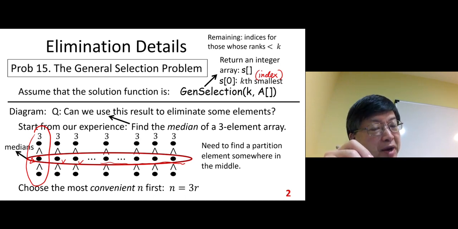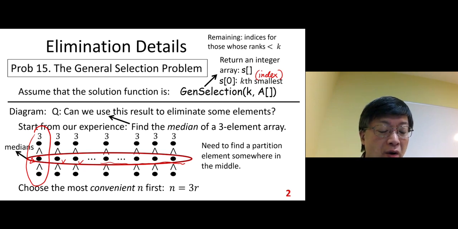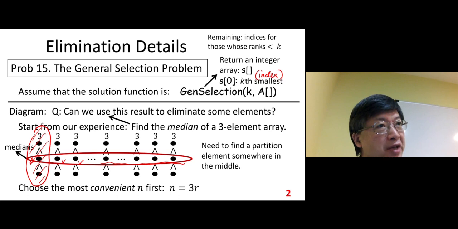before we go to the next step, look at what we have derived so far. After we find the medians, each 3-element group is sorted. The upper element is less than the median, and the bottom element is greater than the median.